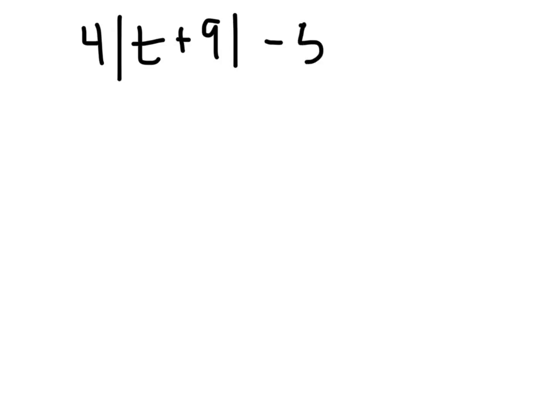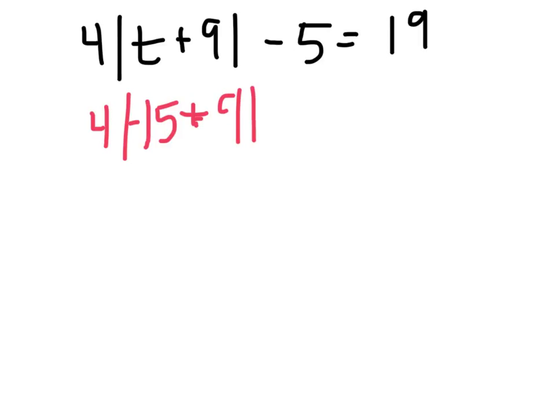If I plug my second solution, which was negative 15, into my equation, I get the following: 4 times the absolute value of negative 15 plus 9 minus 5 equals 19. Again, simplify what's inside of the grouping symbols or the absolute value symbols first.